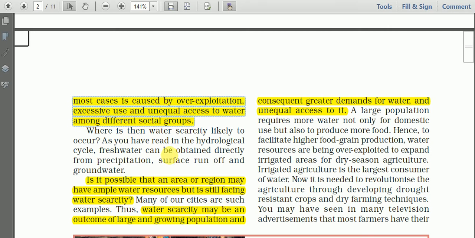That is the point mentioned here: unequal access to water among different social groups. Somebody is not allowed to fetch water from the village pond. That means that particular person has a scarcity of water.